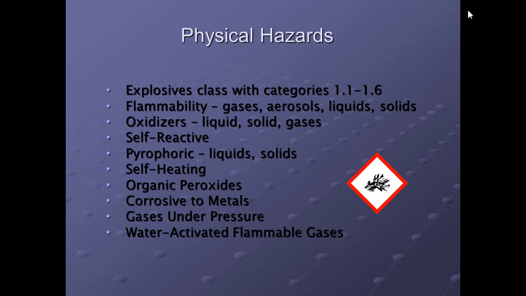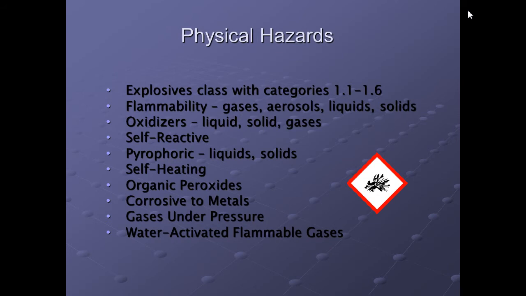Here are your physical hazards. Chemical classes in the category 1.1 to 1.6: flammables, oxidizers, self-reactives, pyrophorics, self-heating, organic peroxides, corrosives to metals. Something is physically going to go wrong if this hazard happens. Gas under pressure, there'll be an explosion.